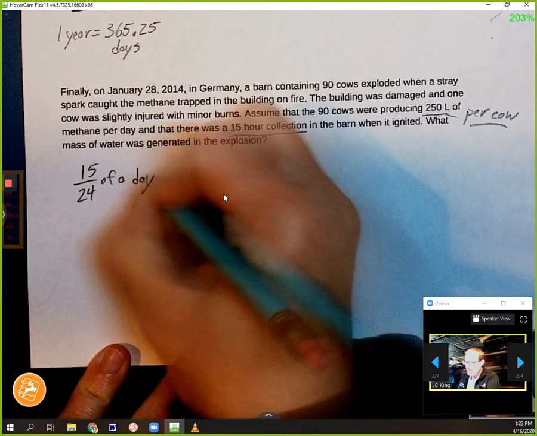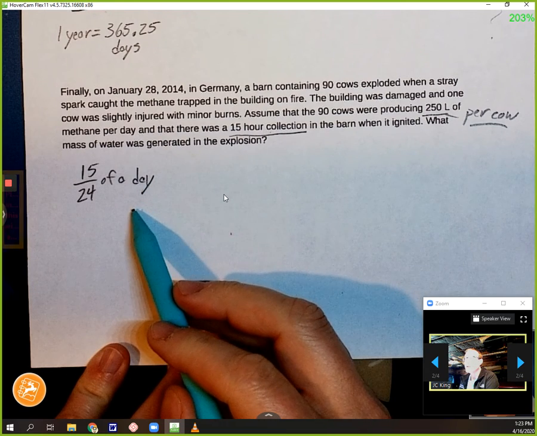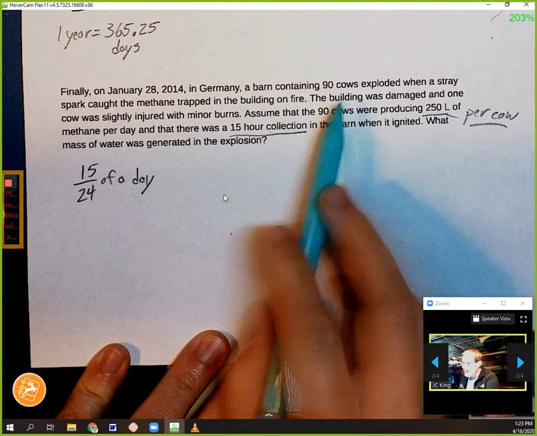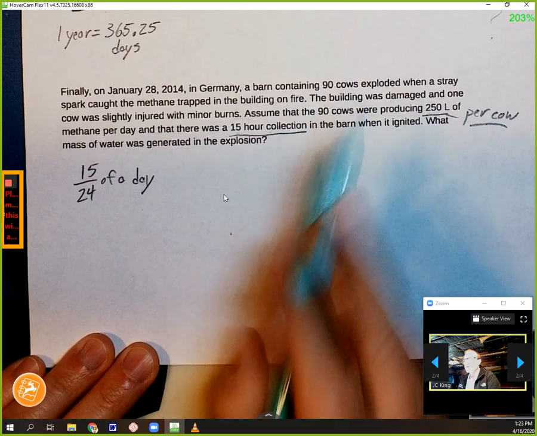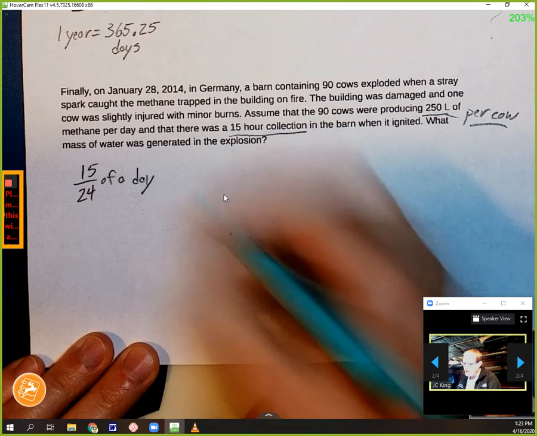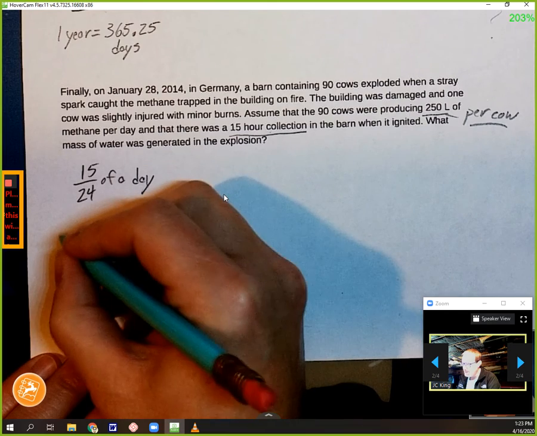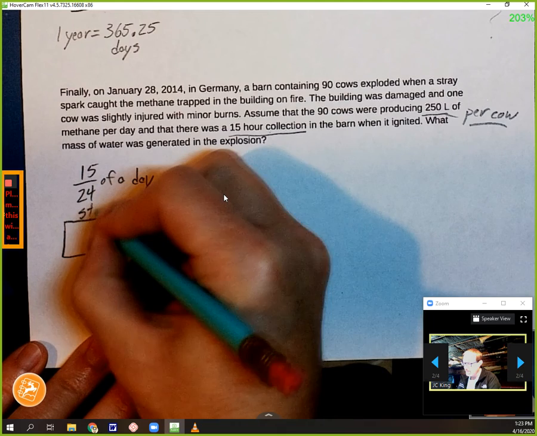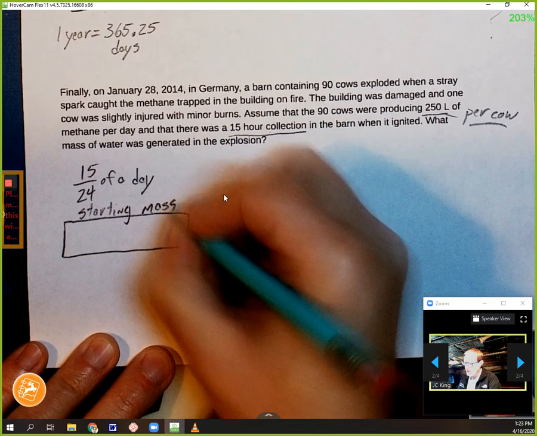Or maybe you can get the total amount and go 15/24 of that amount per cow, multiply it times the 90 cows, and that's going to get you the starting mass of methane, okay? So once you get the starting mass of methane, it's going to be in grams of CH4.